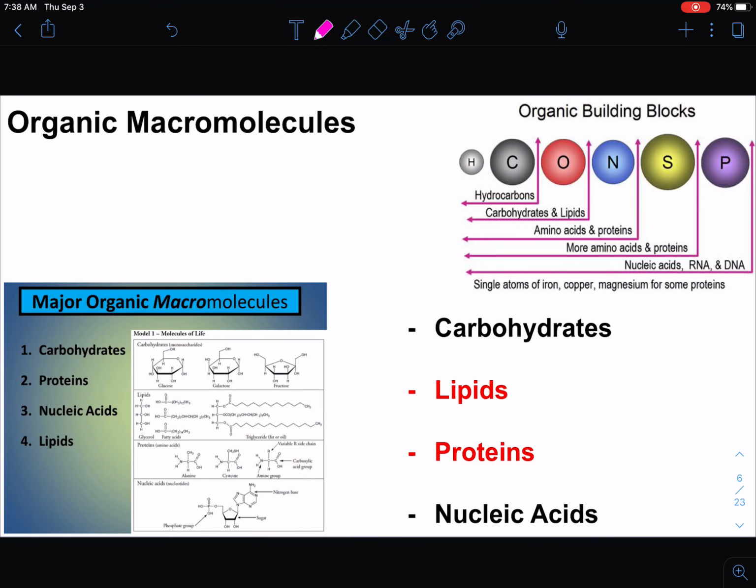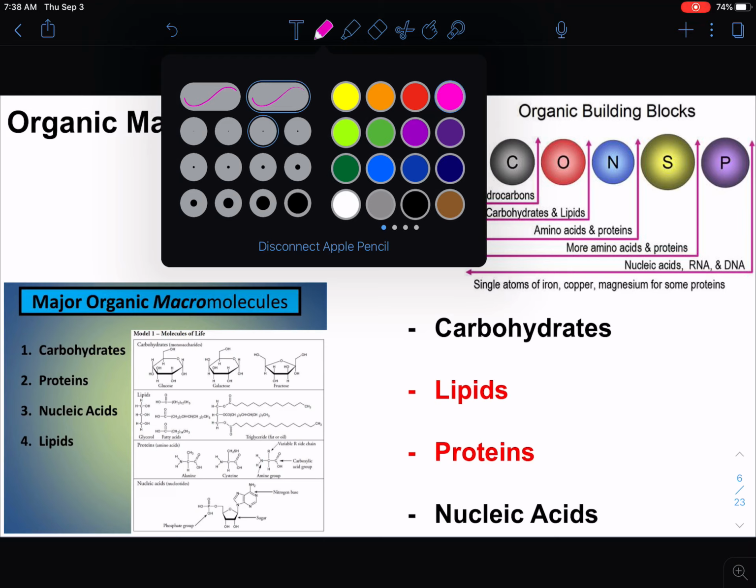So then we get into the actual organic macromolecules. There are 4 of them: carbohydrates, lipids, proteins, and nucleic acids. And each one of them has different atoms that you will always see there. When you see certain atoms and you only see certain atoms, then you can almost immediately identify what something is.